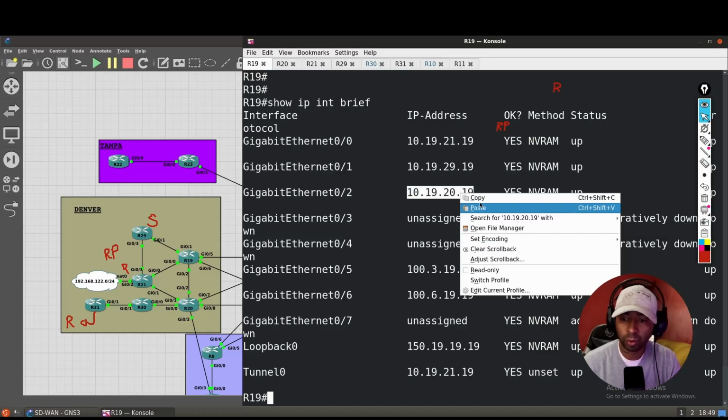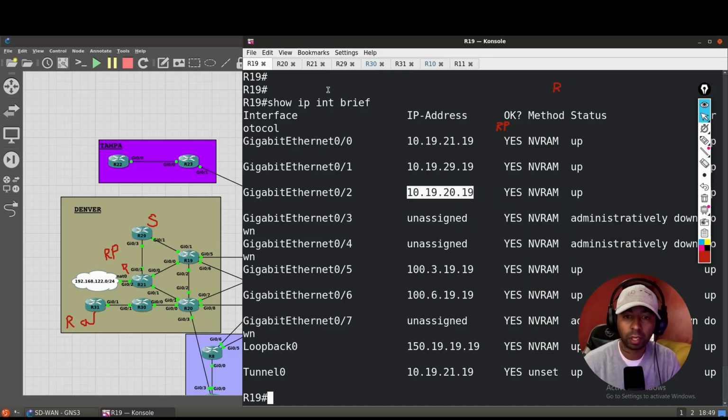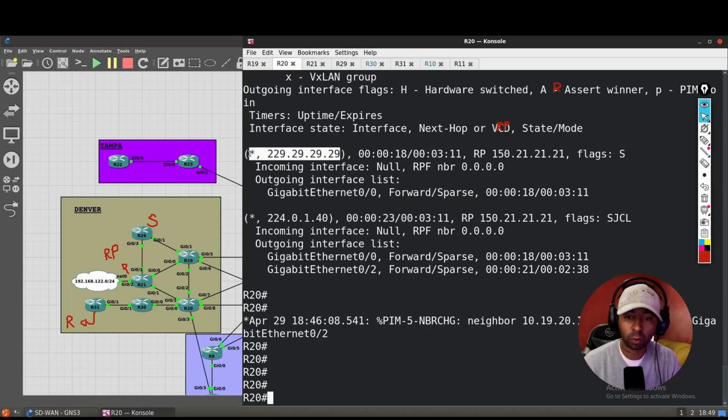And I will use IP route. It's important that we use the right route, because the configuration can cause troubles for us if we do that in the wrong way. So let me go back on the router 20, which is the last one who knows who is the receiver.